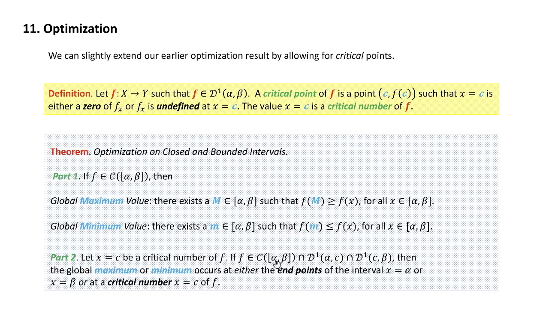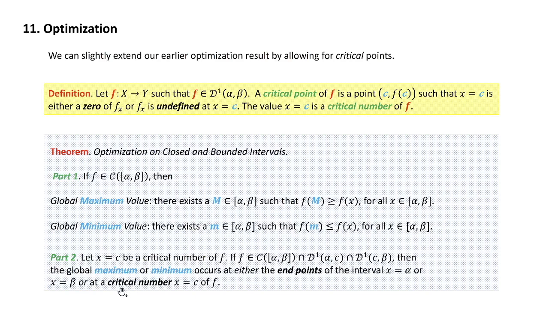Now the function is defined there, but the derivative may be undefined there. Think of the function f of x equals square root of x. The derivative is obviously going to be undefined at 0.